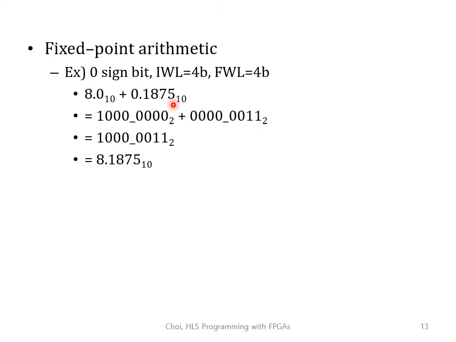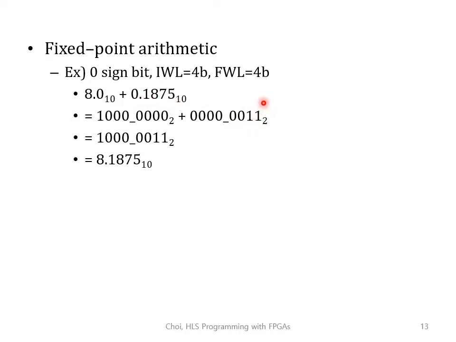Let's first convert these numbers into a binary representation. Since the IWL is 4 bits, number 8 is going to be 1000 without any leading zeros in the front, and we're going to put 0000 for the fractional part. For 0.1875, we'll put 4 bits for the integer part and 0011 for the 0.1875.